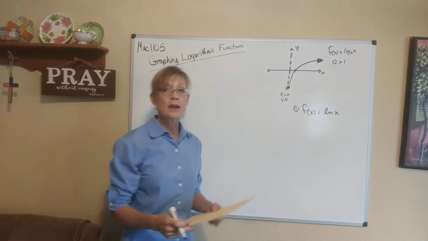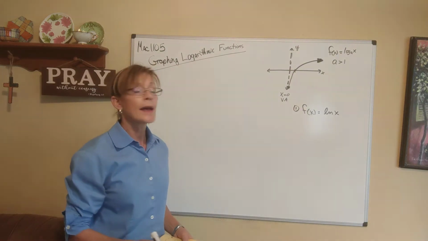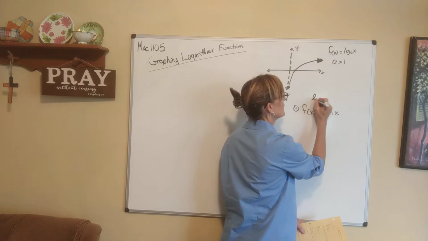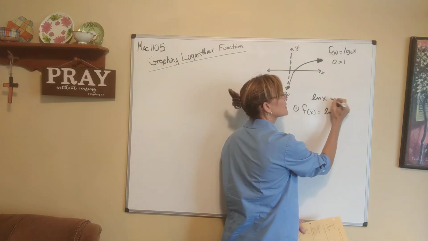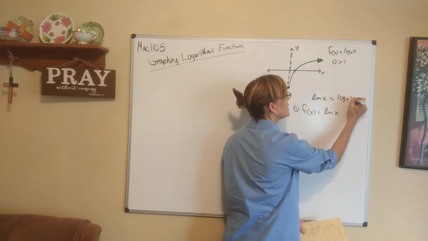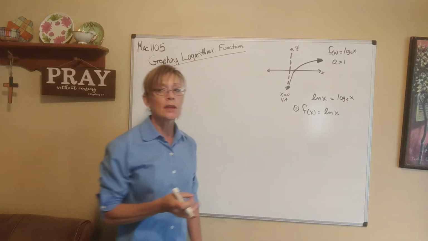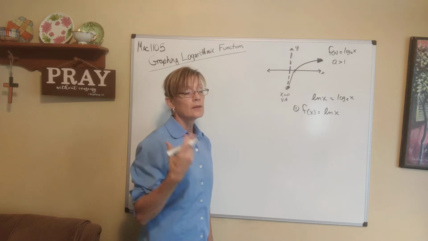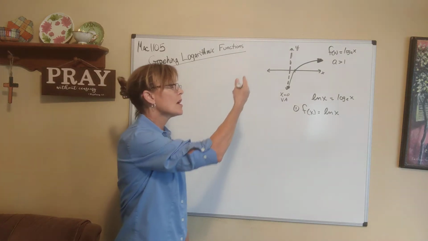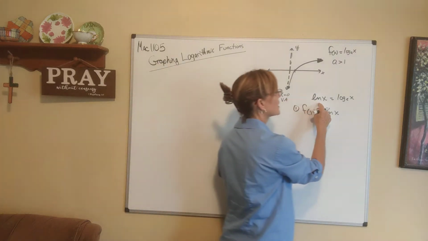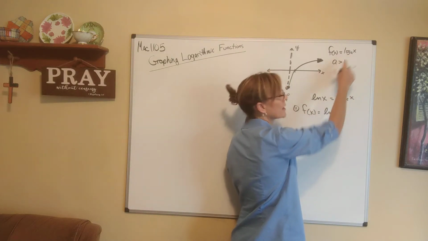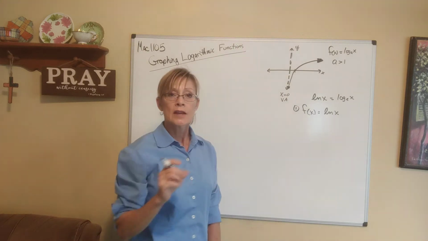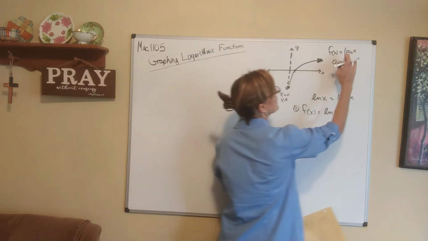Before spring break, we learned that ln of x means the log base e of x, and we also know that e is a number that's about 2.71. 2.71 is bigger than 1. So the natural log of x fits into this same category, so this is basically the graph of the natural log of x.